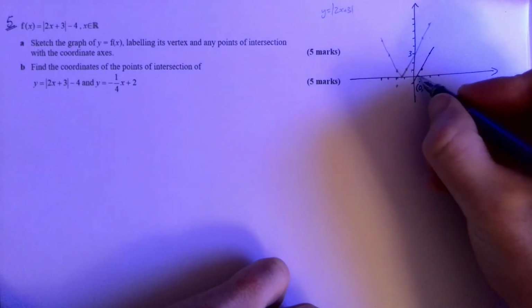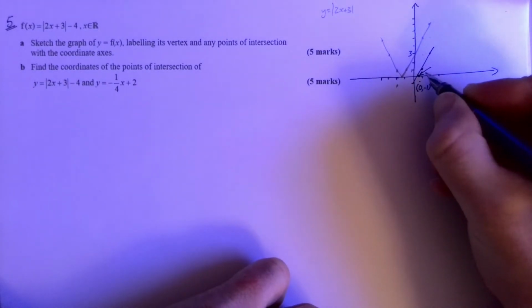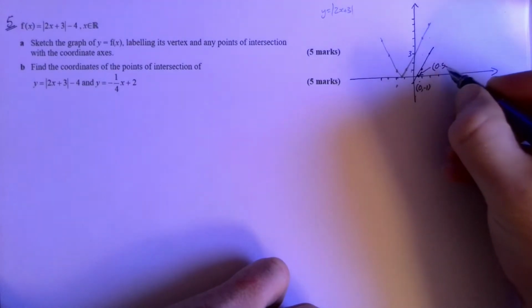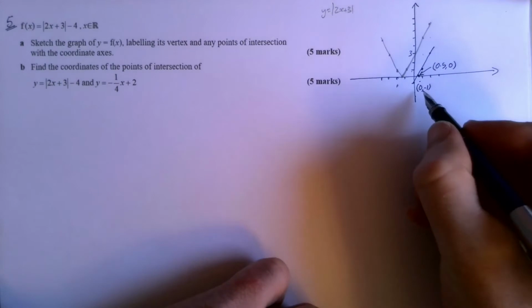Now that means that we're going to be going through the x-axis there at 0.5 or a half, 0. So you get a mark for this one.